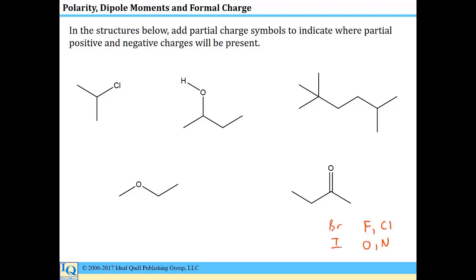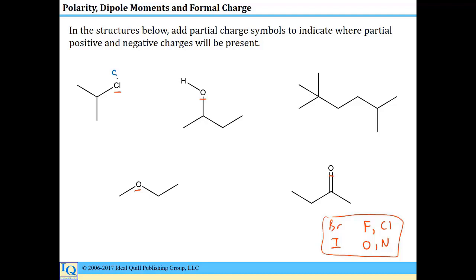If we look at these structures, all the carbon-carbon bonds will be nonpolar bonds. You won't have any partial charges there. We're really looking for heteroatoms, atoms that are not carbon or hydrogen. So whenever we see those, chlorine or oxygen in a structure, or if we had nitrogen or some other atom listed down here, we would have to watch out for those and fill in some partial charges attendant to those structures.